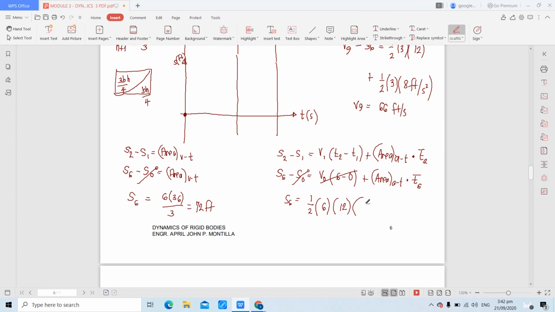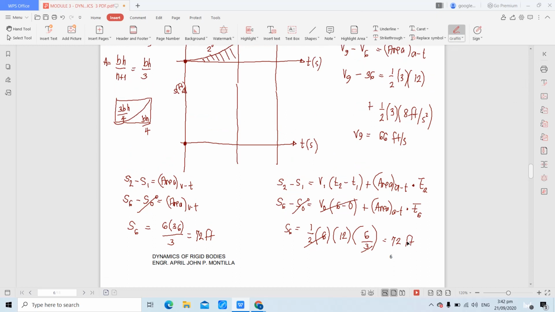Papunta kay 6 seconds. That is b over 3. Ang base ay 6 over 3. No? So, cancel to. Cancel yun. Natira 12 times 6. Which is also 72 feet. So, na-confirm natin na yung position at 6 seconds is talagang 72.